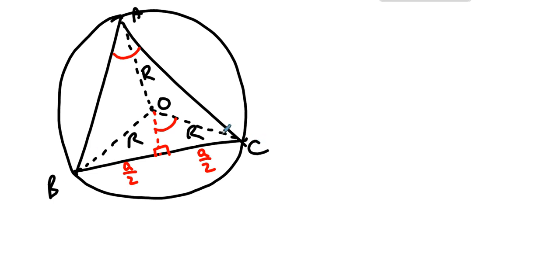This is a central angle on arc BC. So the central angle is twice as big as its inscribed angle. And this altitude to an isosceles triangle bisects the angle from which it is drawn. Angle A is right here, which means that the sine of angle A, based on this triangle, is opposite over hypotenuse.